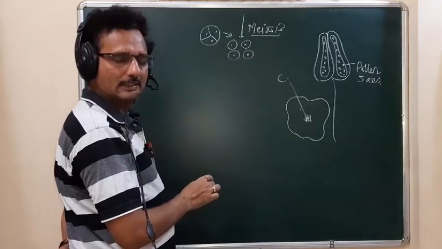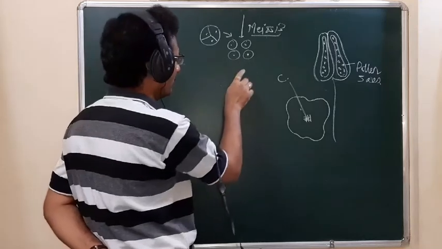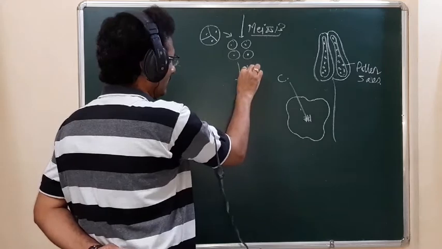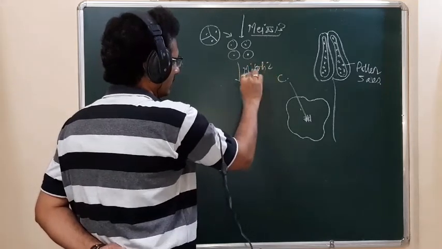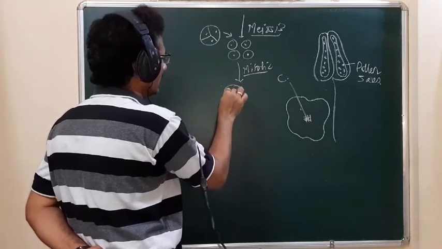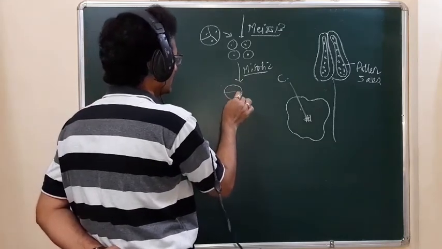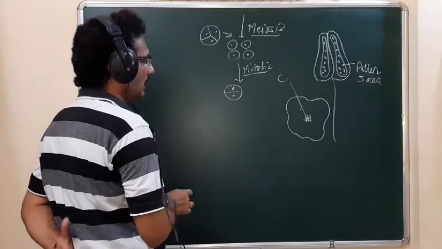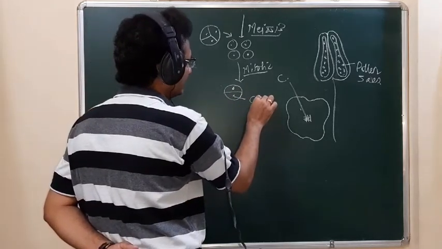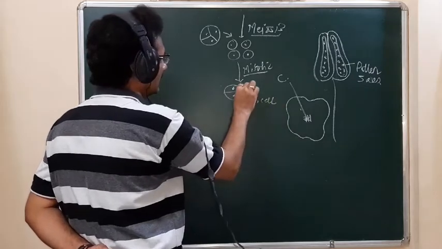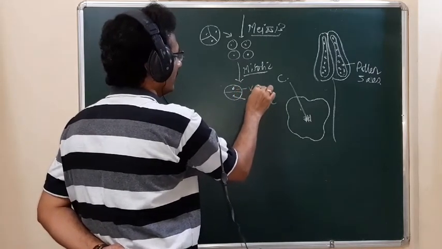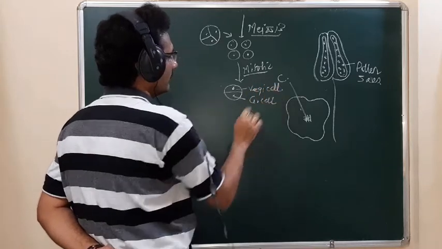So remember student, just before its dehiscence from the anther lobe, there is one mitotic division, and there is a formation of a 2-celled pollen, where one cell is the generative cell and another one is the vegetative cell.